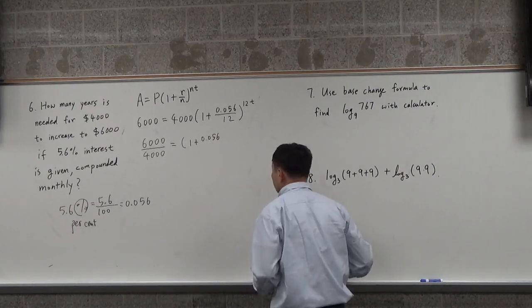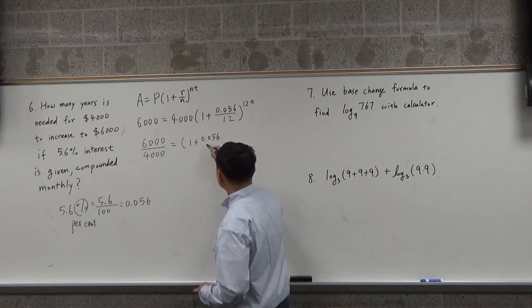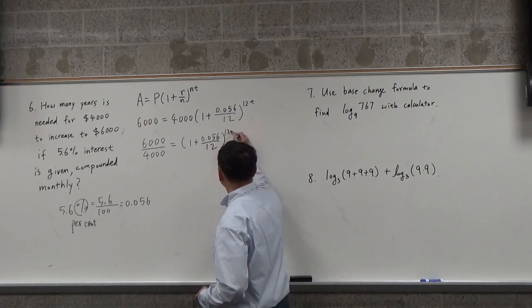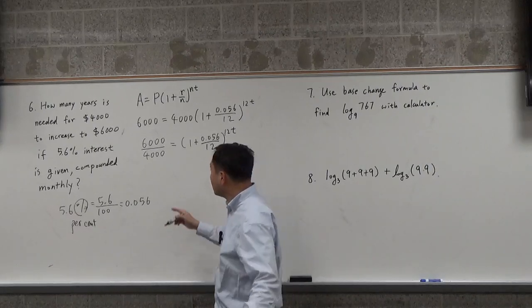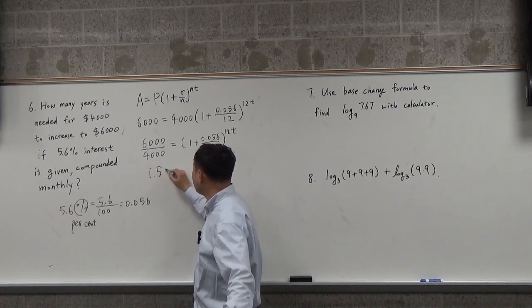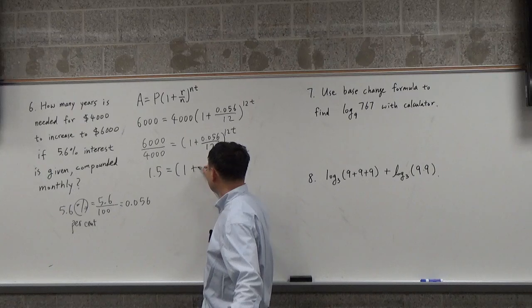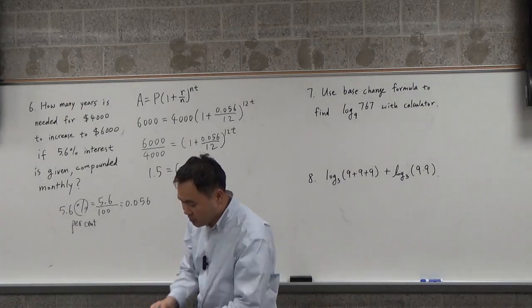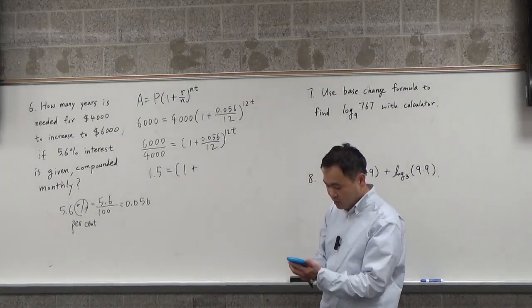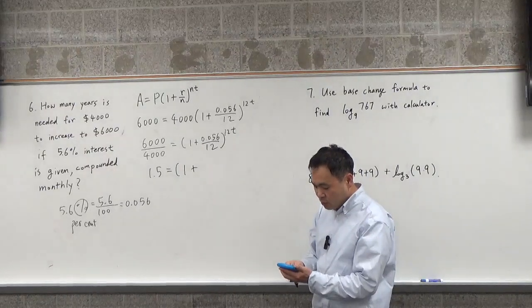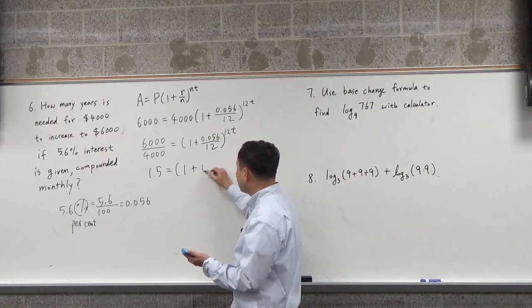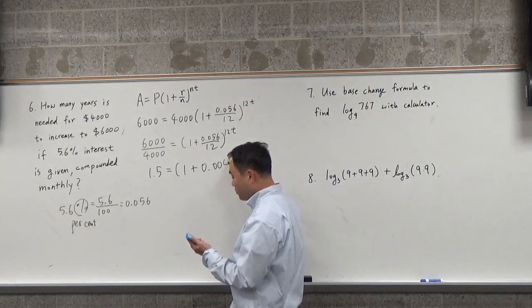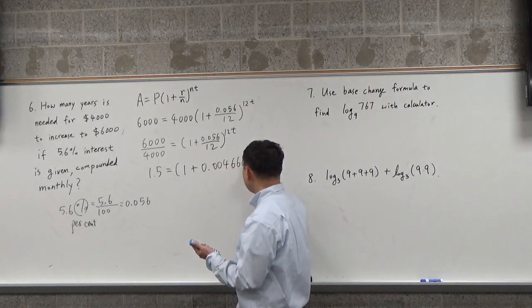Well, actually, this will give you 1.5, and if you take 0.056 and divide it by 12, you get 0.004666.